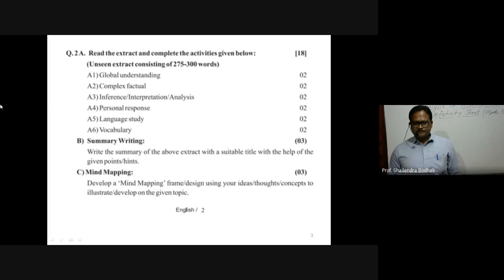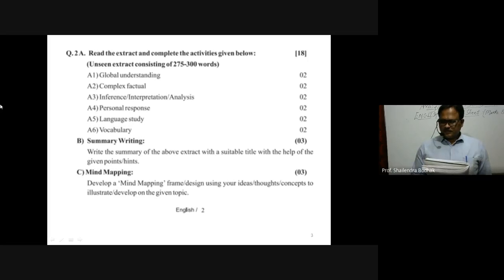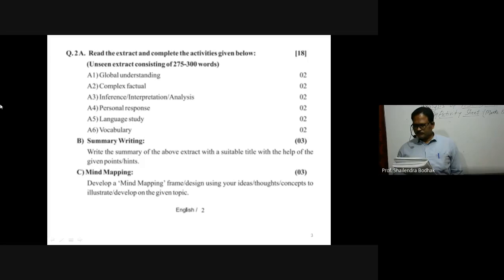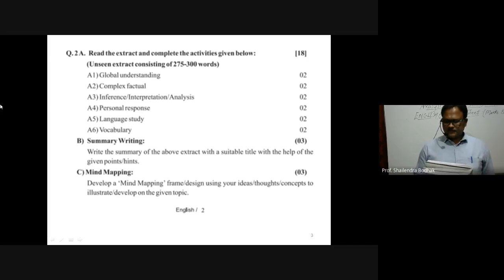Second point, effective communication. That is, reading helps effective communication, prevention of memory loss. It prevents us from memory loss, prevention of hopelessness and depression.